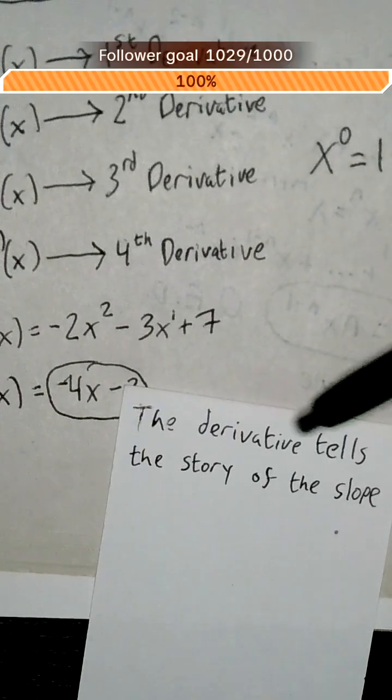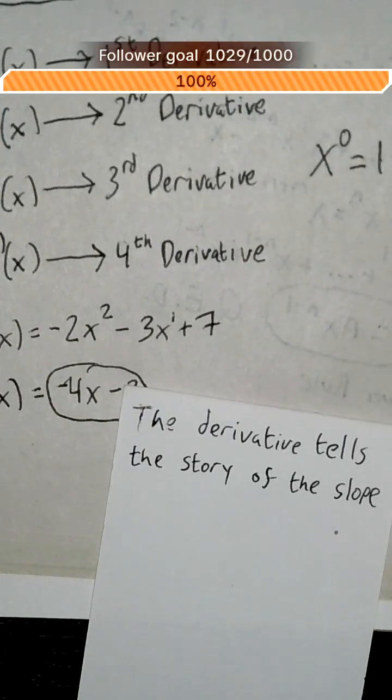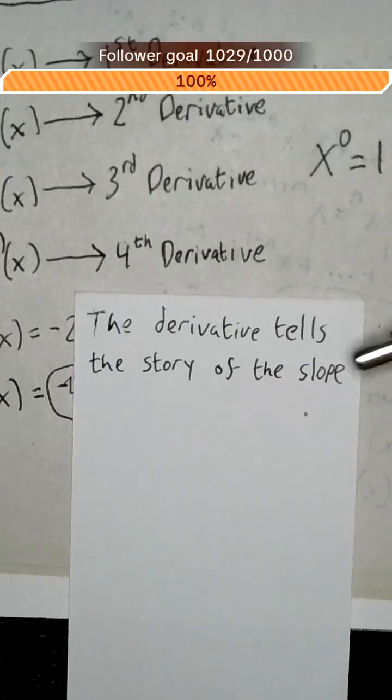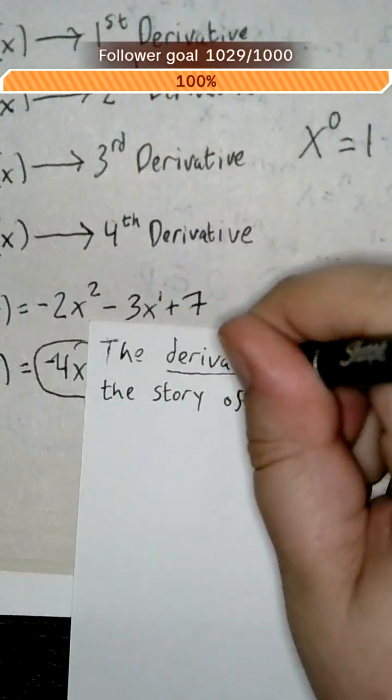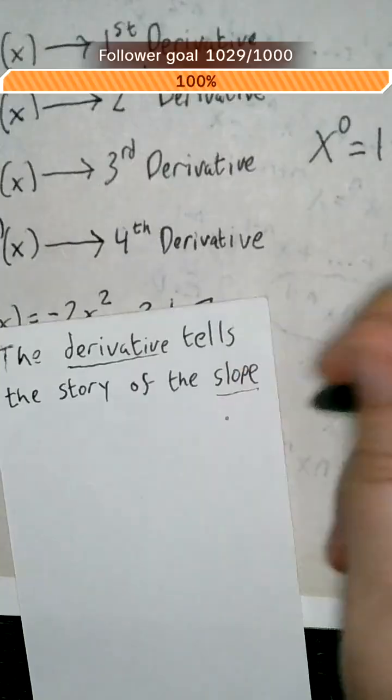This is a way that links derivatives and slopes.